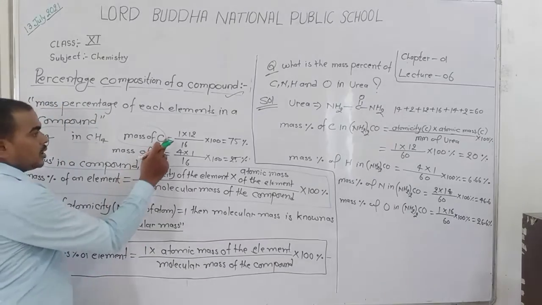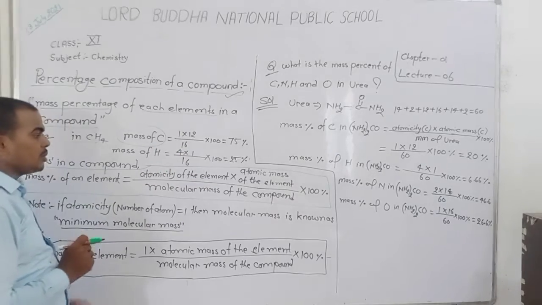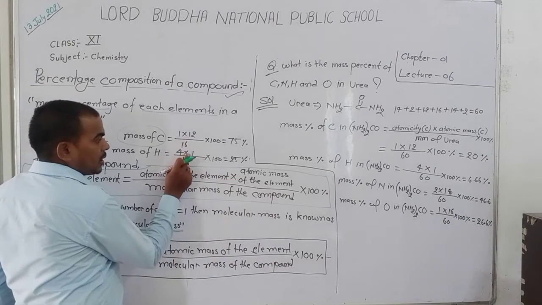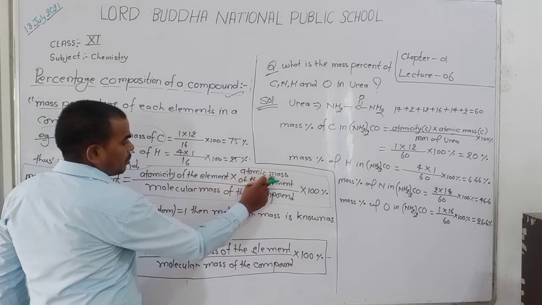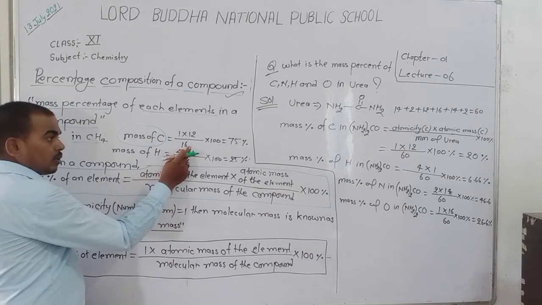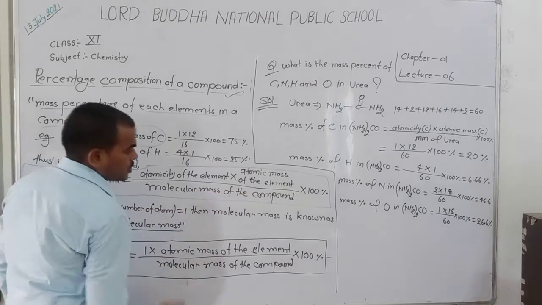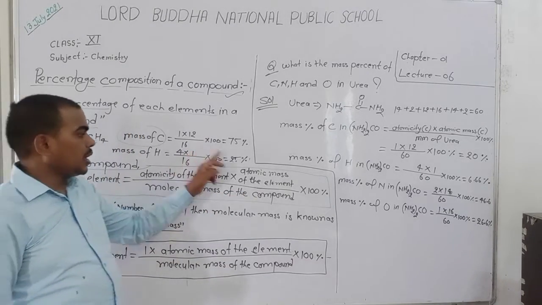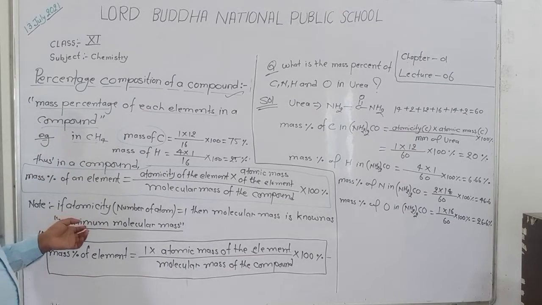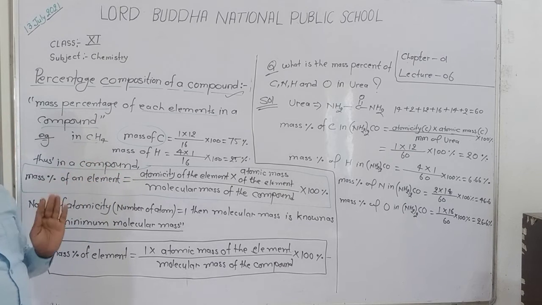So we write atomicity of the element, which is the number of atoms, into the atomic mass of the element, upon the molecular mass of the compound, into 100%. Now you can calculate the percentage of an element directly by using this formula.